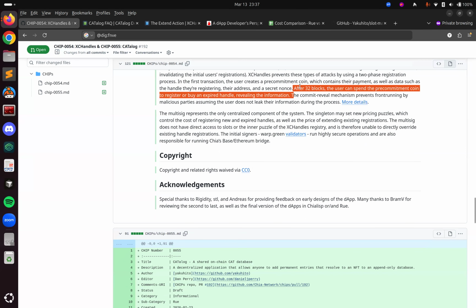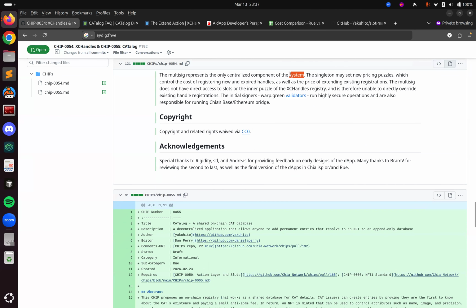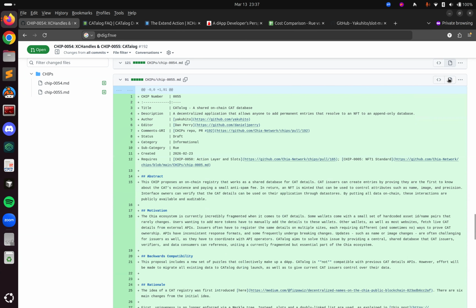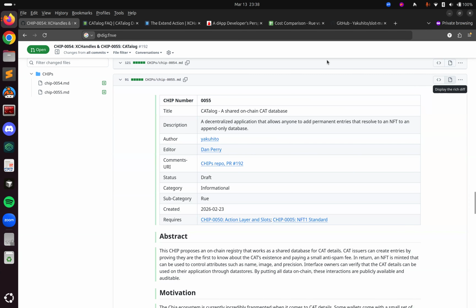Also, the multisig, it has limited control over the registry itself, but still it's the only centralized component. And if you plan to use wrapped USDC, I don't think it adds a lot more trust assumptions, but it's something to be aware of when evaluating this whole CHIP.